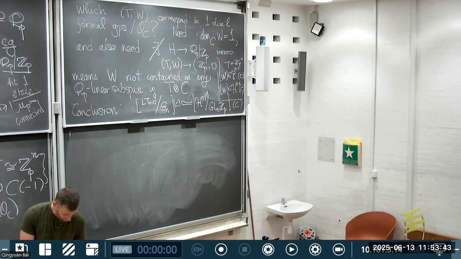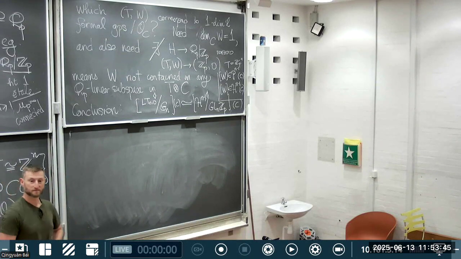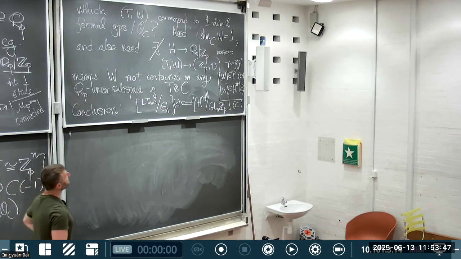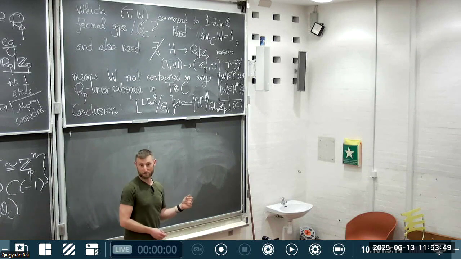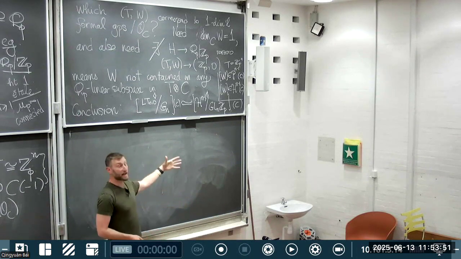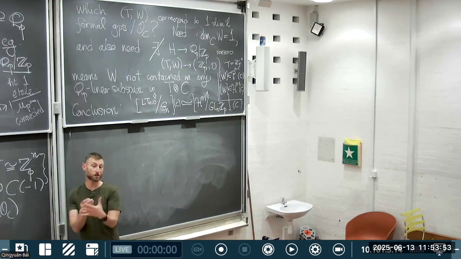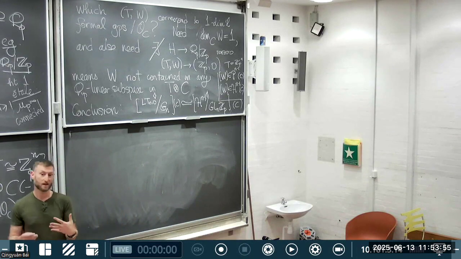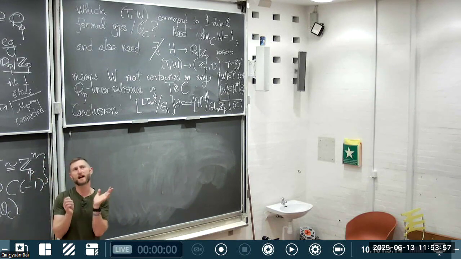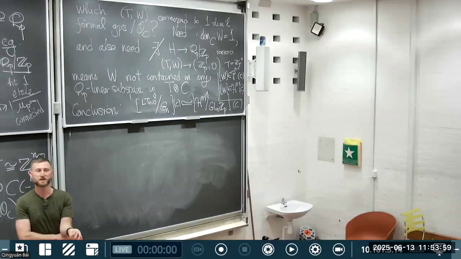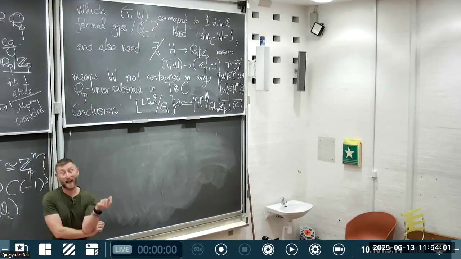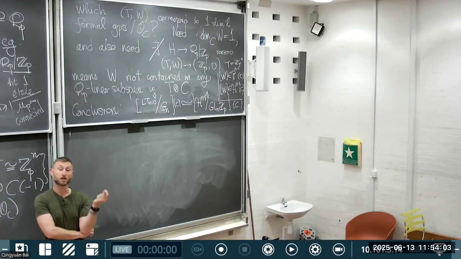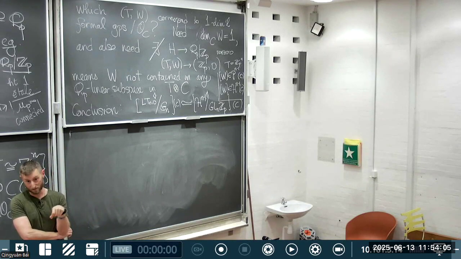Go ahead. Can you repeat again why it exists in the upper half plane? Right, so what is the p-adic upper half plane? It's the complement in projective space of all Q_p linear subspaces. What is a Q_p linear hyperplane? It's the vanishing locus of a Q_p rational linear form in n variables.